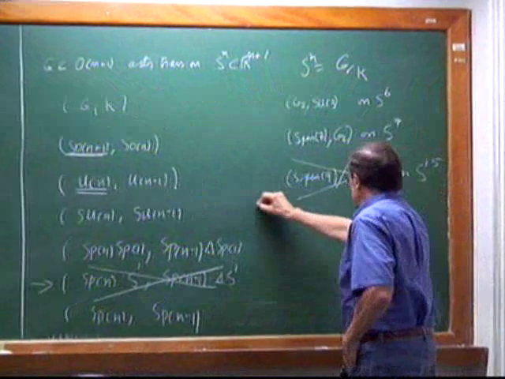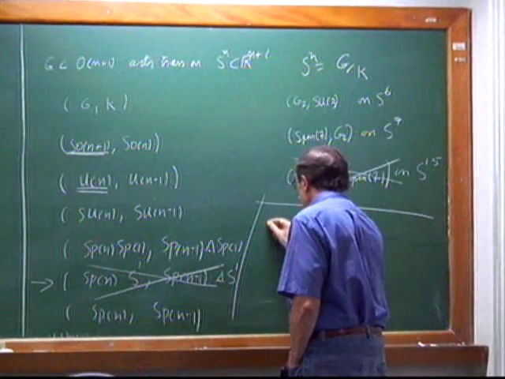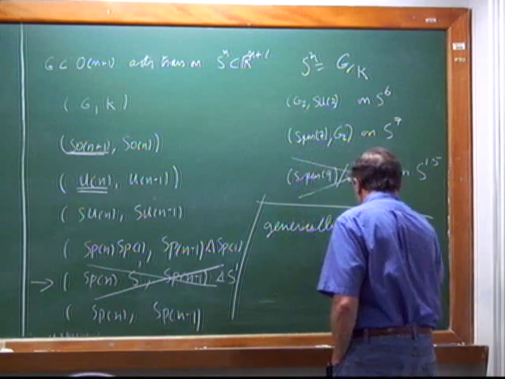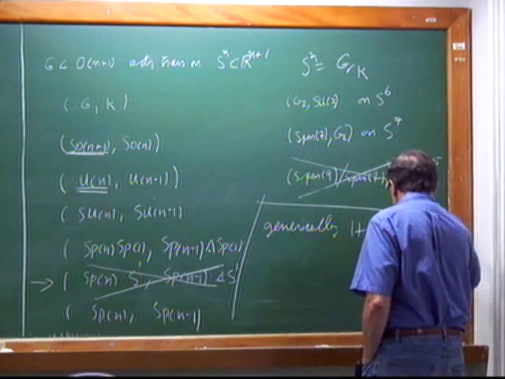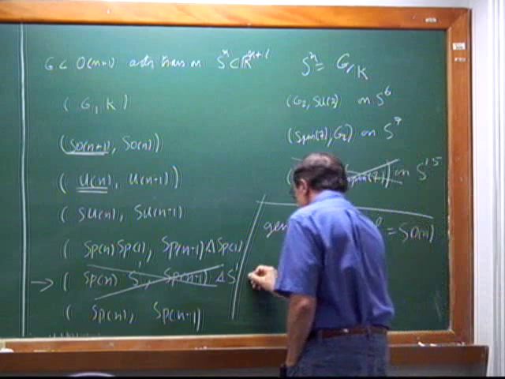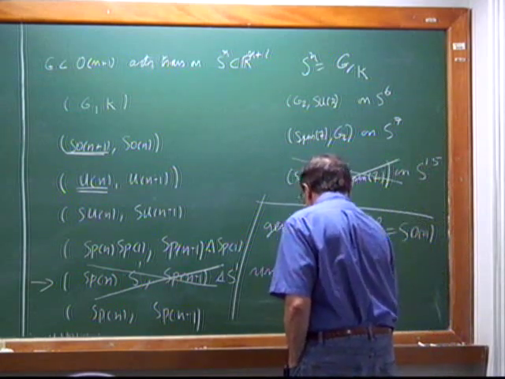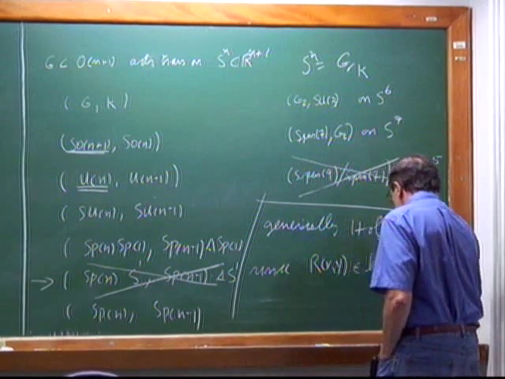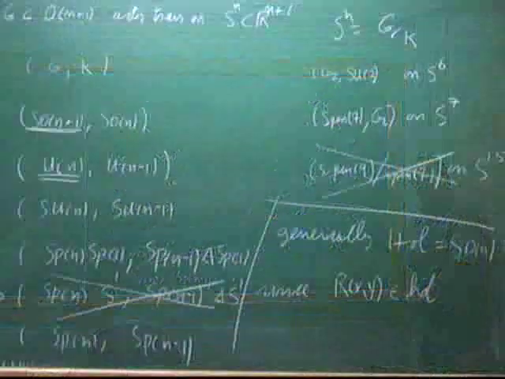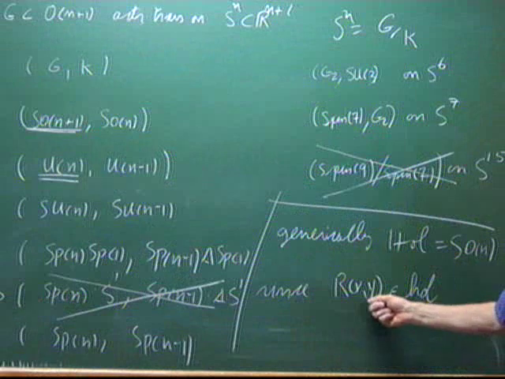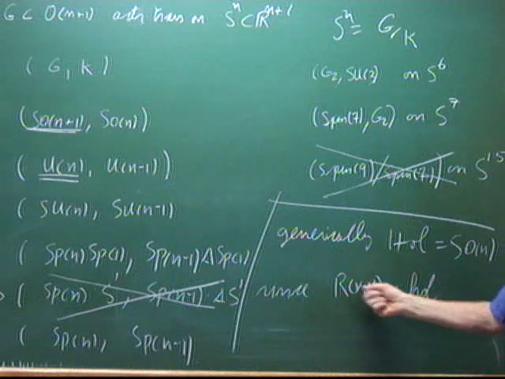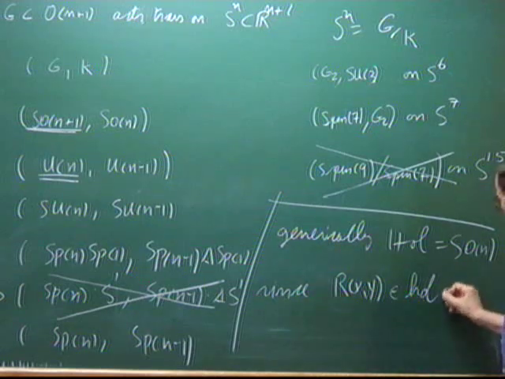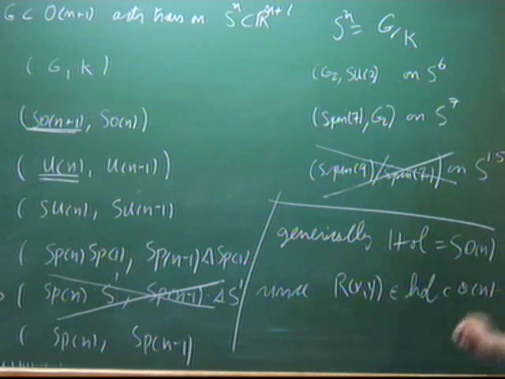First, notice that in this list here, I claim generically Hol is equal to SO(n), since R(x,y) is inside the Lie algebra of the holonomy group. Right? If you have a complicated manifold, then the curvature will be complicated, and if it's complicated enough, it spans the whole Lie algebra of skew-symmetric matrices.